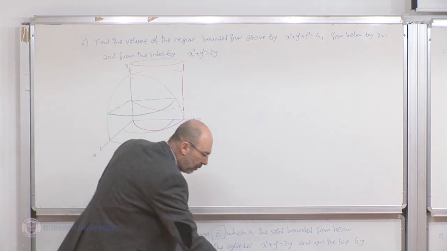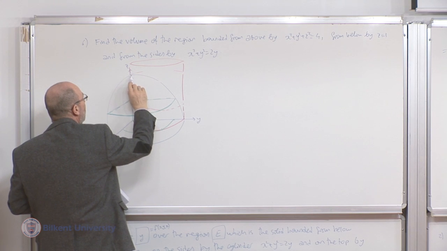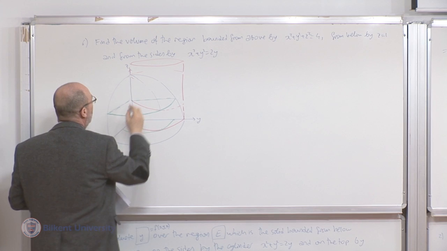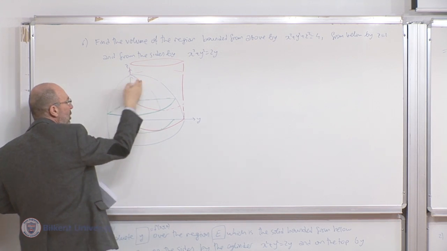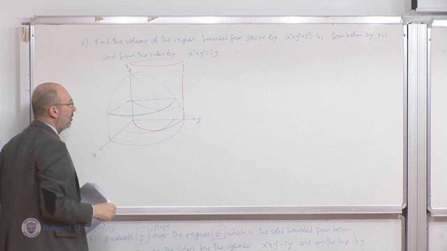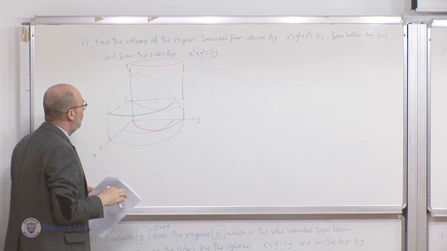Okay, so I don't know how to make it more precise, but it's something like this. Okay, so you have this part here. This is the intersection. On this part, you see this part is the cylinder. This part is the sphere. Okay, and we are above z equals 1. So this is z equals 1.